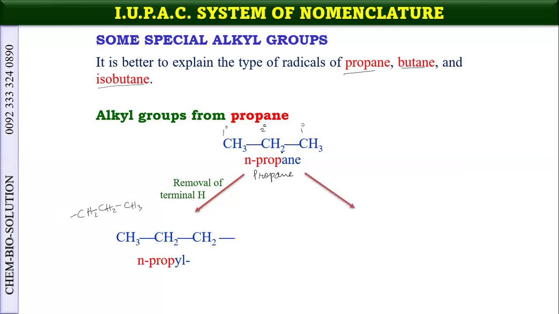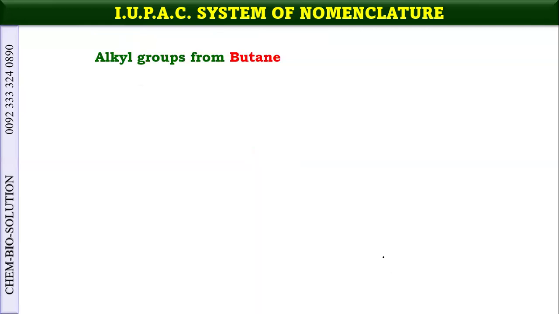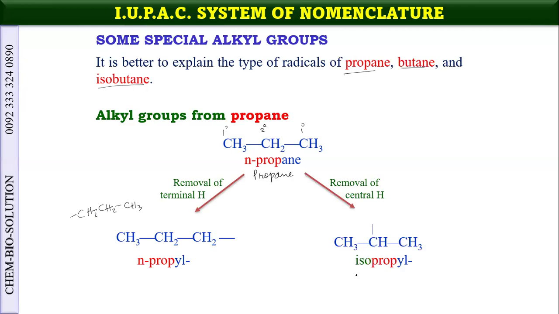But here, if the hydrogen is removed from the 2-degree carbon atom, that is the central carbon atom, then this is called isopropyl, or it also has another name, secondary propyl, shortly written as sec-propyl.